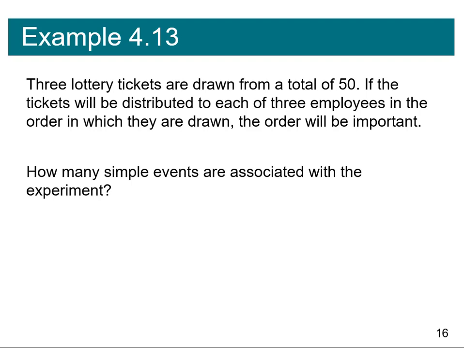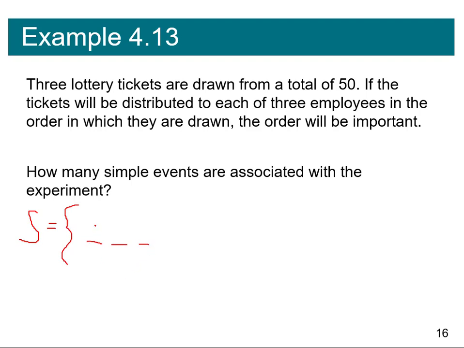How many simple events are associated with the experiment? So what is the sample space for this? There are 3 employees: employee 1, employee 2, employee 3.